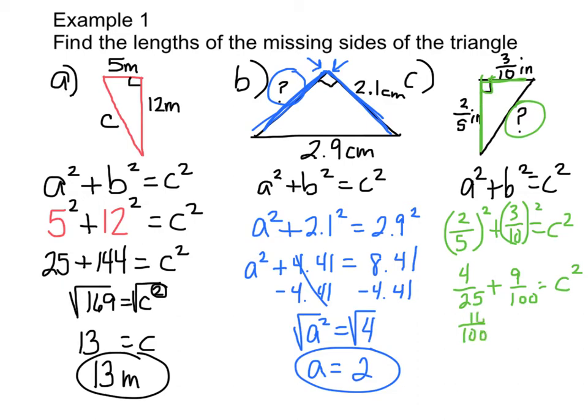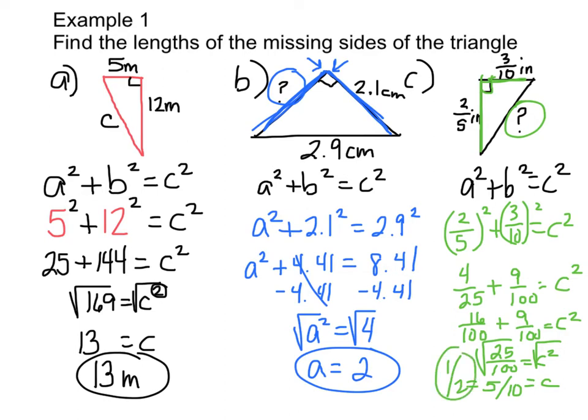That would make this 16/100 plus 9/100, which is 25/100. Last step is taking the square root. The square root of 25 is 5, and the square root of 100 is 10. And so 5/10 simplifies into 1/2.